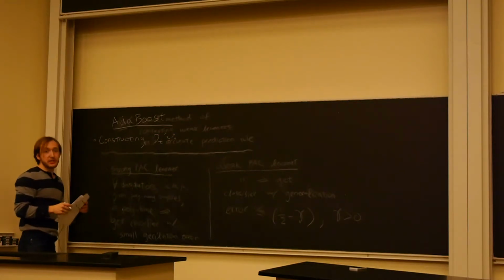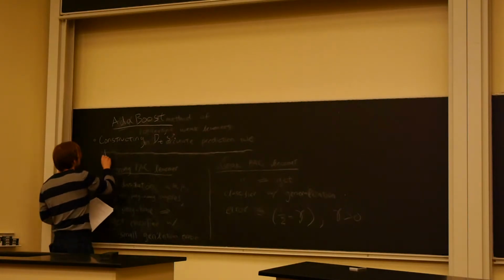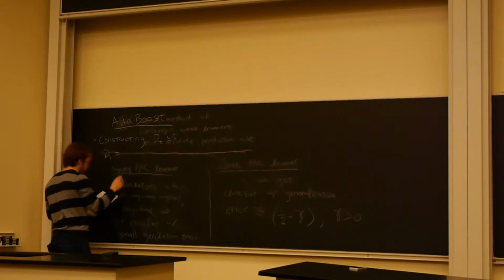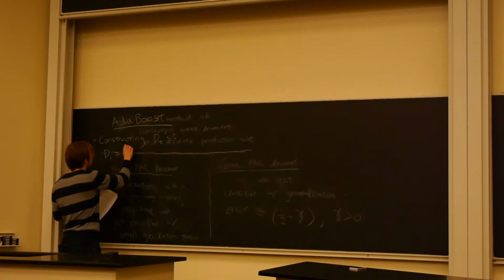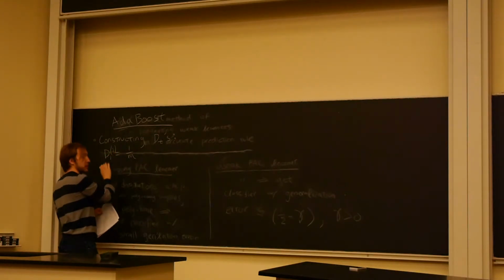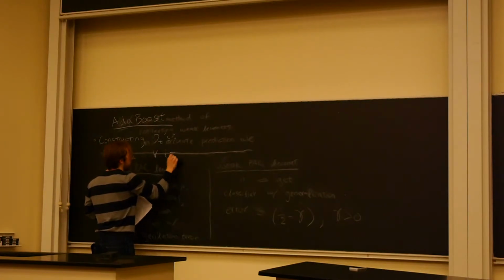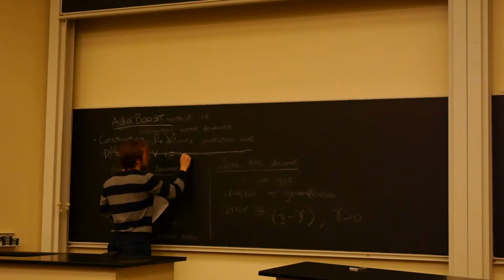Well, for the first iteration, you assume that there's a uniform distribution over the data points. So D sub 1 of i is equal to 1 over m. I say D sub 1 of i because it's actually a discrete distribution, for all i in 1 through m.